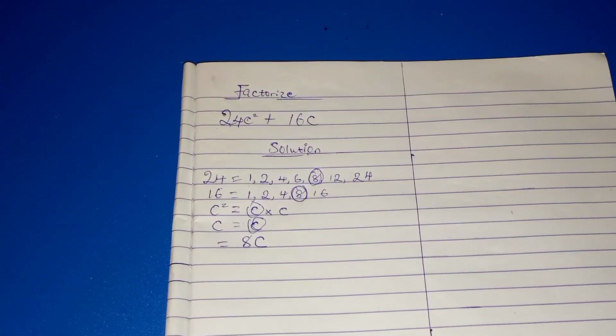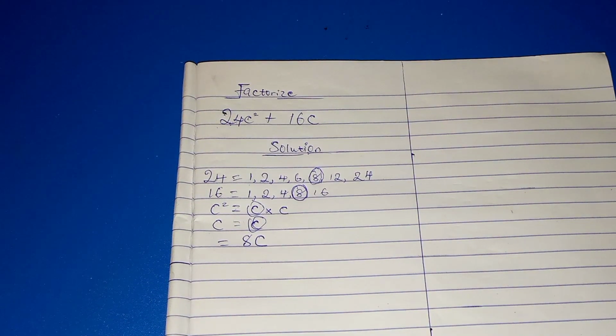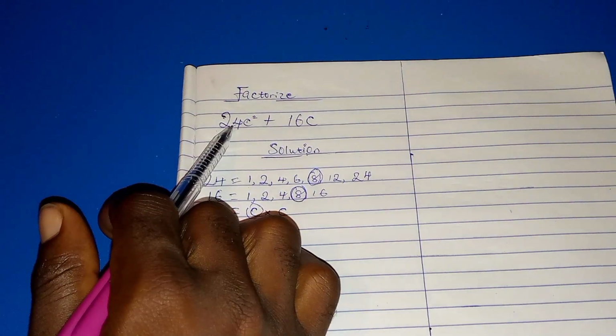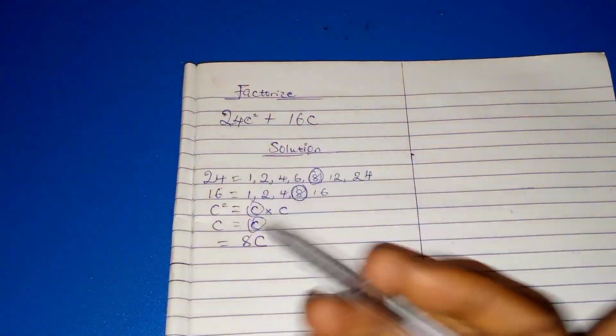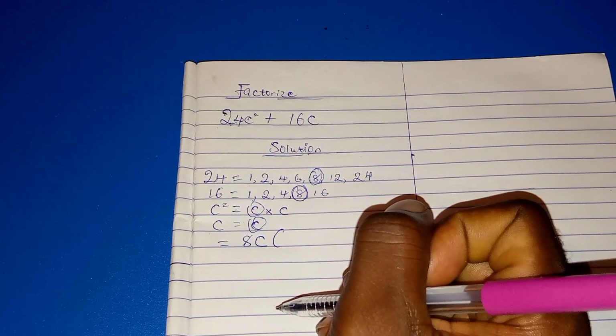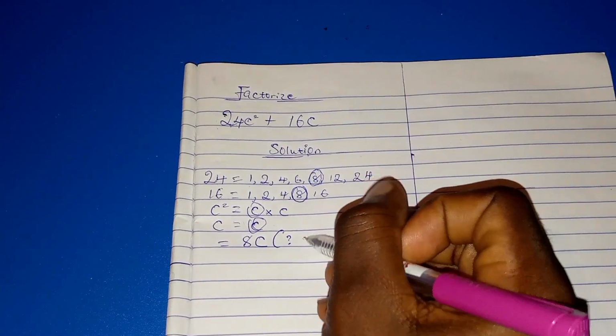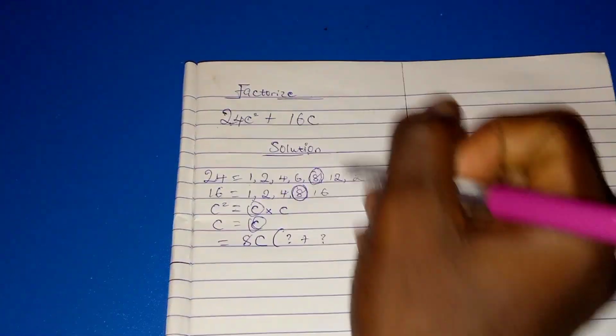We have gotten the factor which, if we multiply it by other given numbers, gives us the original expression. So we put a bracket, with our first value plus the second value.